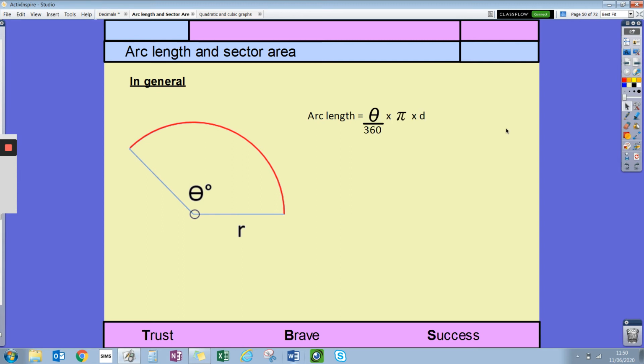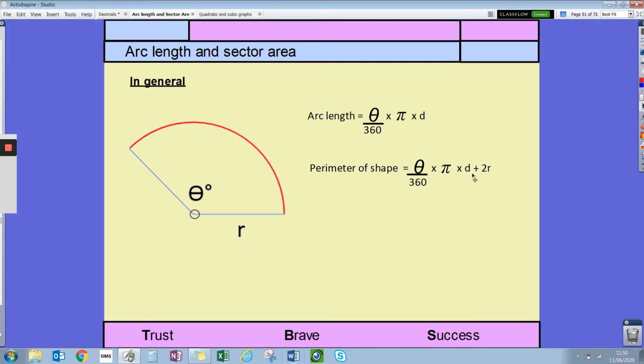So it's theta out of 360 times pi times the diameter. And the perimeter of the shape is the angle out of 360 times pi times the diameter, so it's the arc length plus 2 lots of the radius.